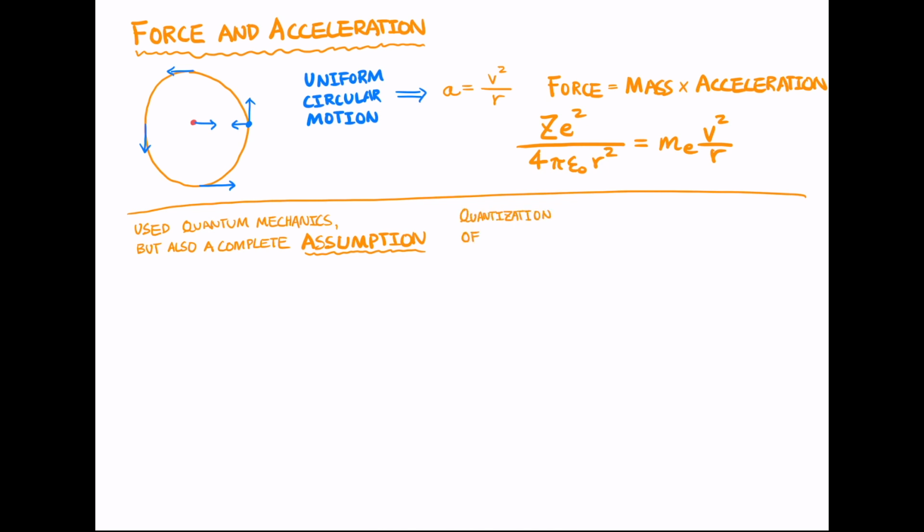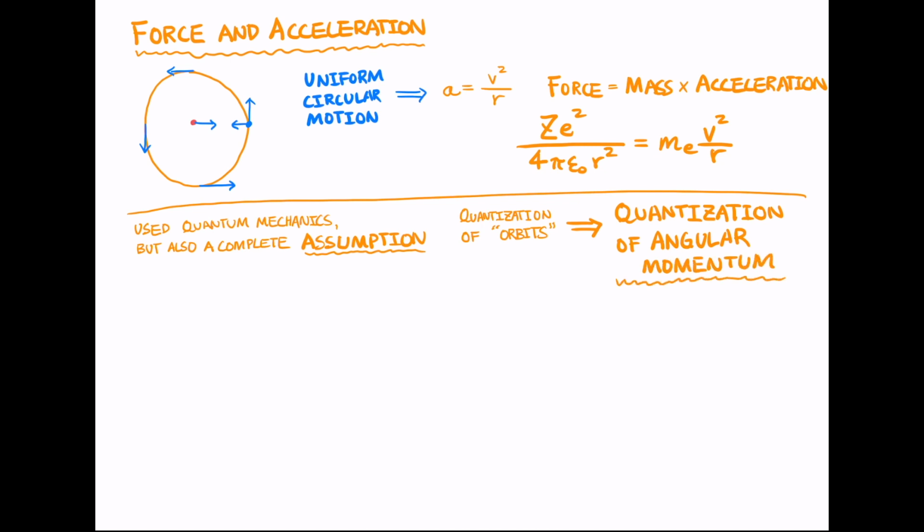Since he had to quantize the orbits of the electrons, he decided to quantize a quantity known as the angular momentum, L, which describes the angular motion about an axis. While linear momentum is the product of mass and velocity, angular momentum is the product of mass, velocity, and the radius of the particle from the axis of rotation. In this case, m sub e vr.